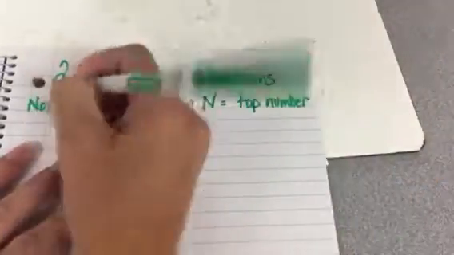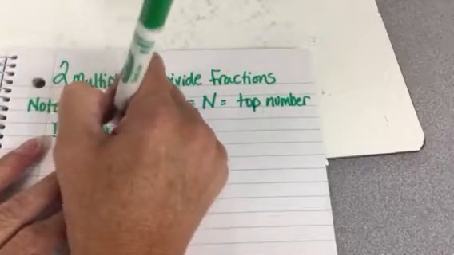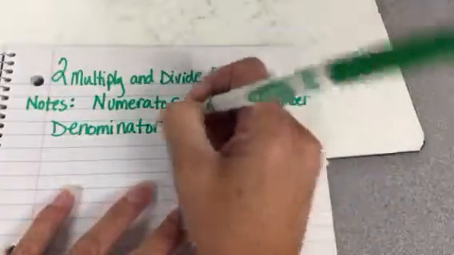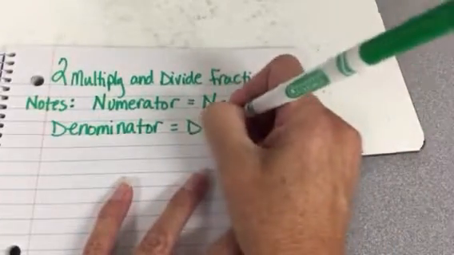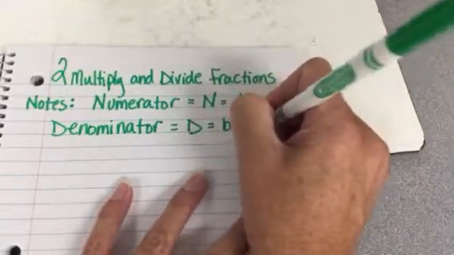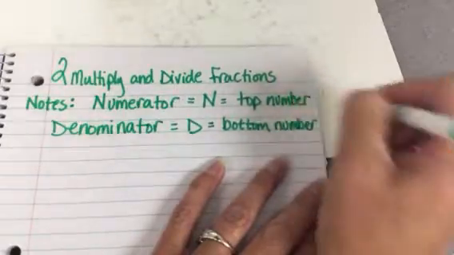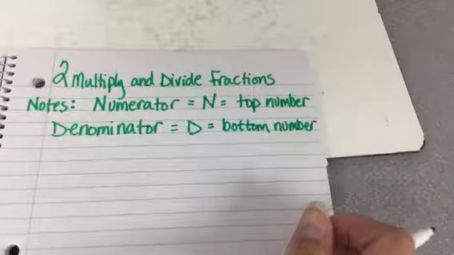Please write that down. Denominator, I will abbreviate with a capital D, and that is the bottom number. Okay, so the numerator is the N, the denominator is the D.